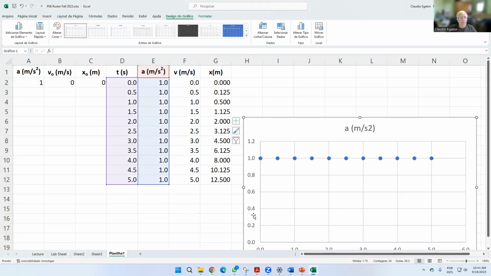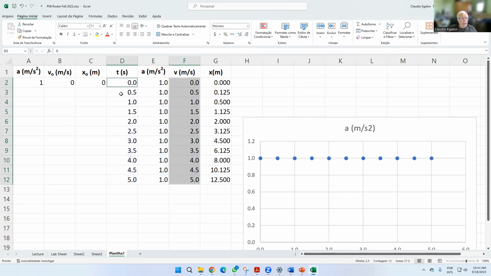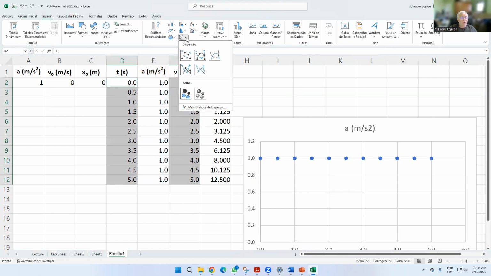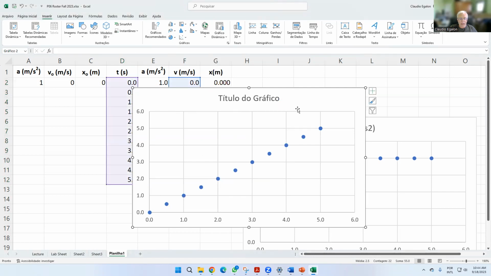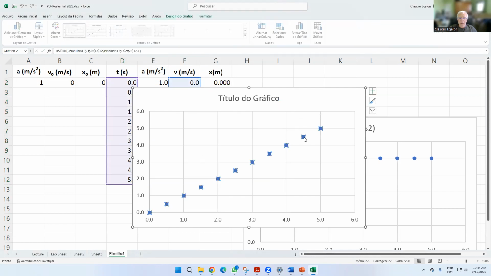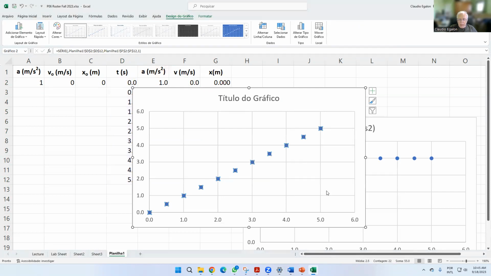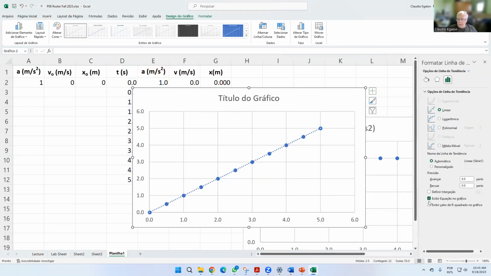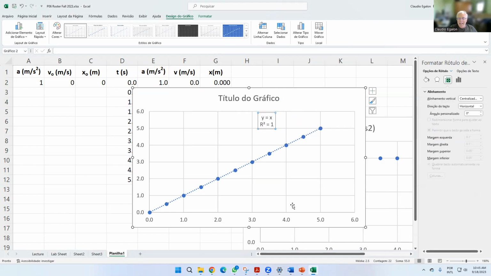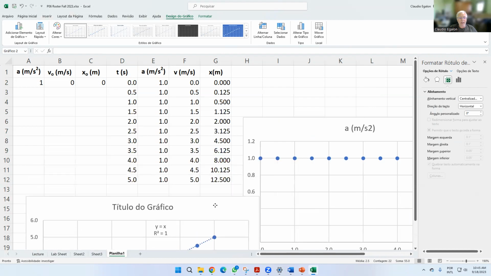I'm not going to put the axis here. Here you go, V and T, how does it look? Insert graph, just a straight line. You can put the equation as well, right? Trend line, exhibit the equation. R squared is going to be exactly 1 for this one, right?